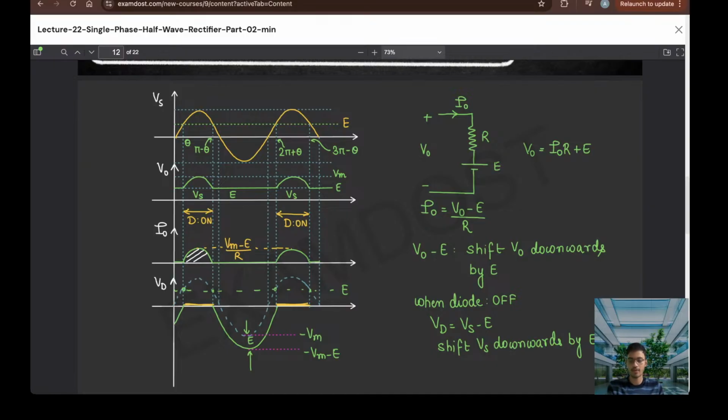See, the waveform is pretty simple. It is not a hard thing, but the concept is very important.